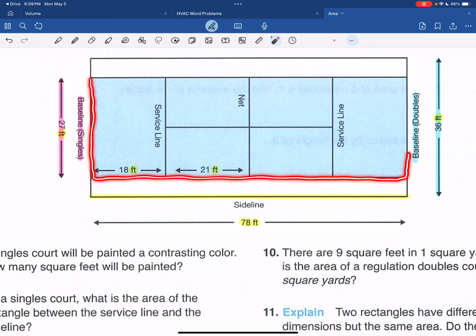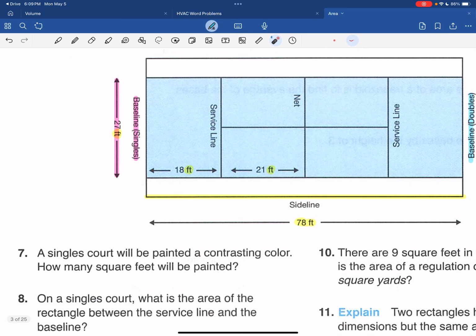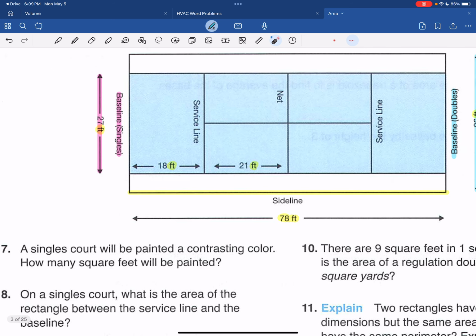So if you want to play a game of tennis and you are playing against another single person, you're limited by this blue area. It would be against the rules to go into the white sidelines. So we want to know the area of the blue. What is the area in total of this blue court?